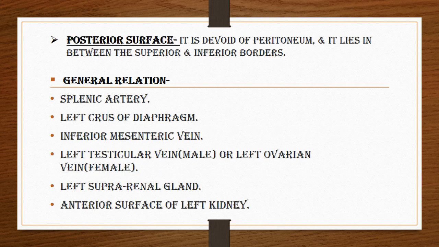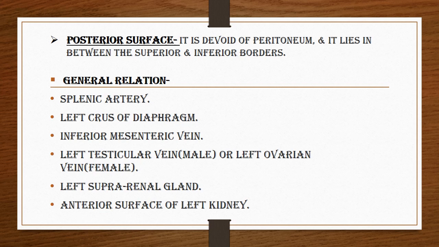The posterior surface lies in between the superior and inferior borders, and it is usually grooved by the splenic artery, which passes transversely from the right to the left side. This posterior surface is devoid of peritoneum.